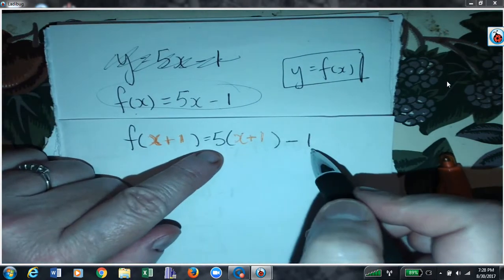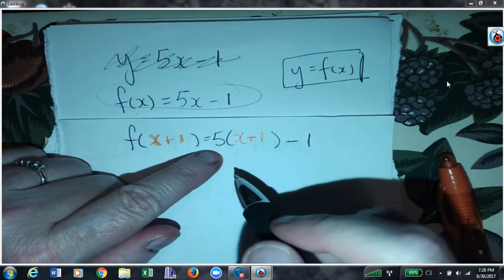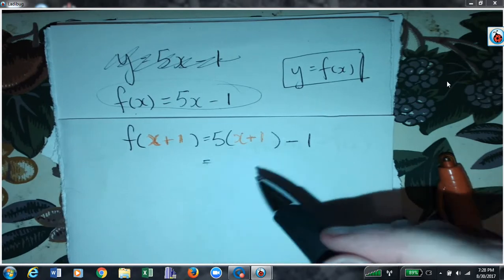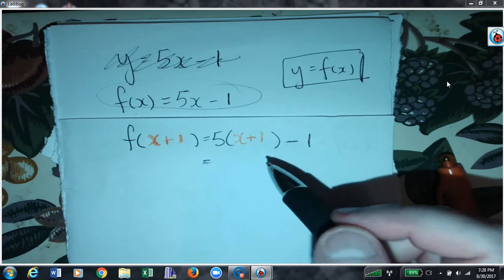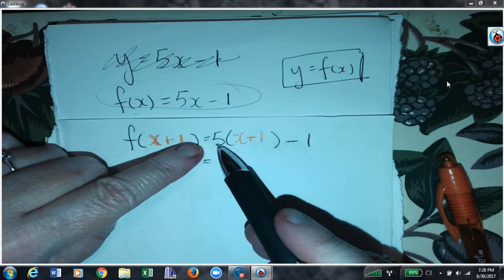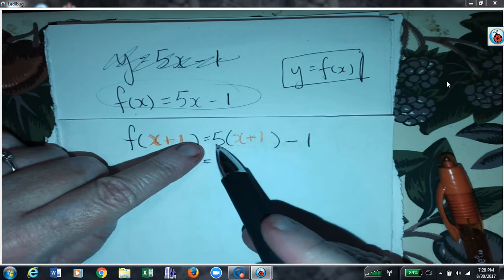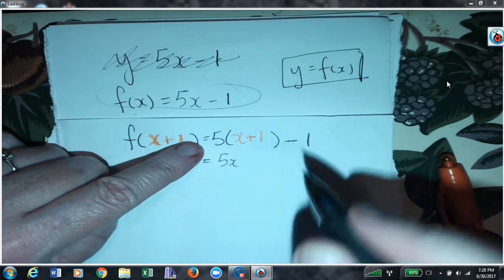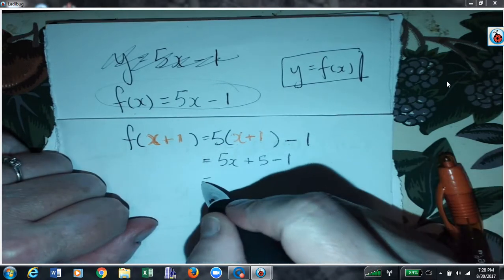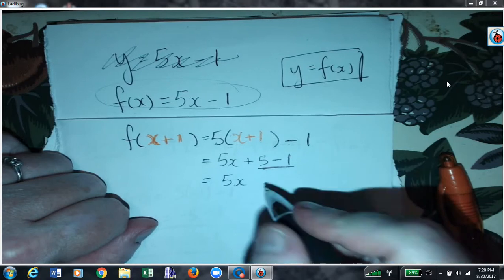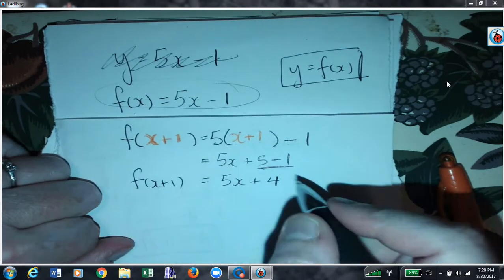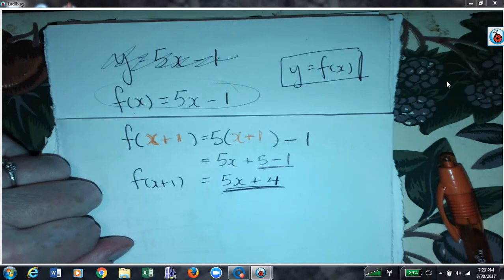Now, this is a correct answer, but you're not going to see it like that in the back of the book, or as a selection on a multiple choice exam. It's going to be written without any parentheses. So we have to multiply the 5 through first because there are parentheses. 5 times x is 5x, plus 5 times 1, then -1. And 5 minus 1 is 4. So the answer that you would see in the back of the book is that.